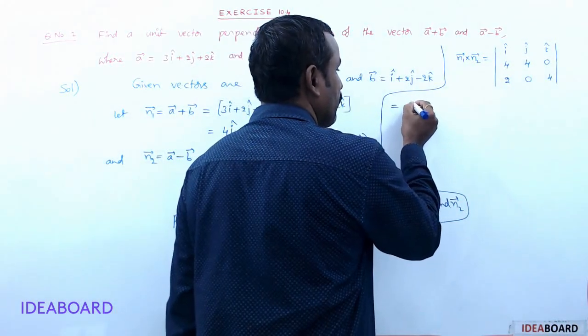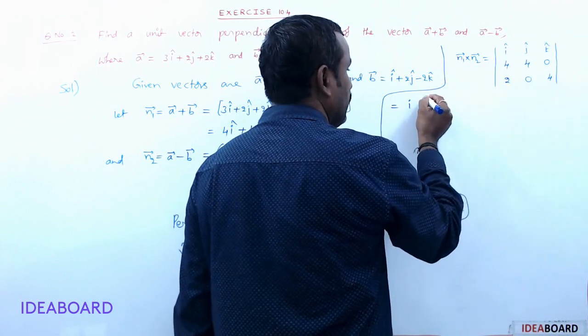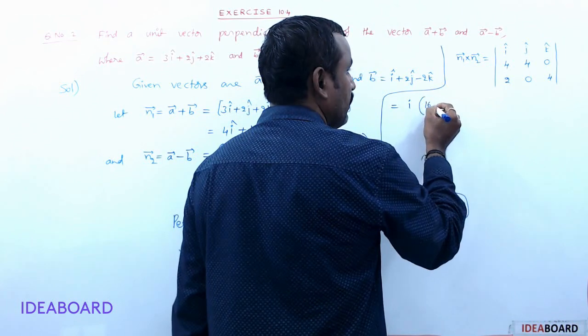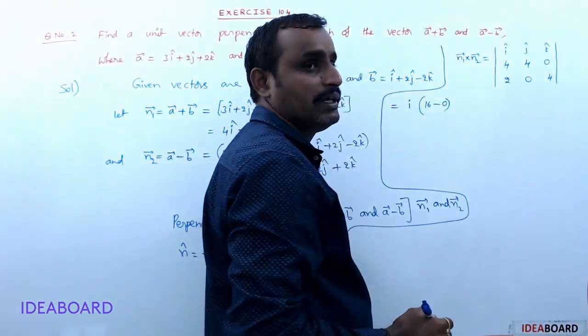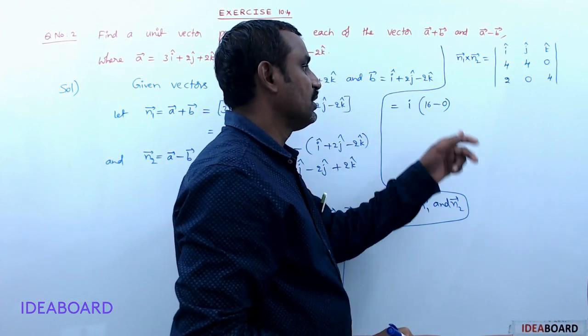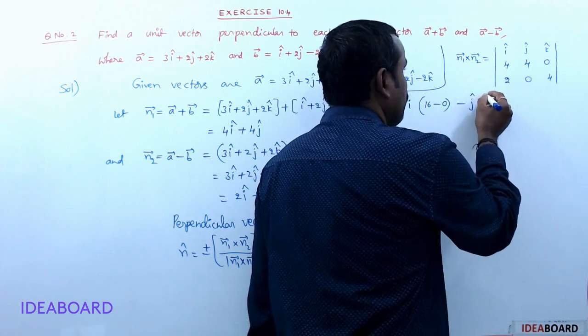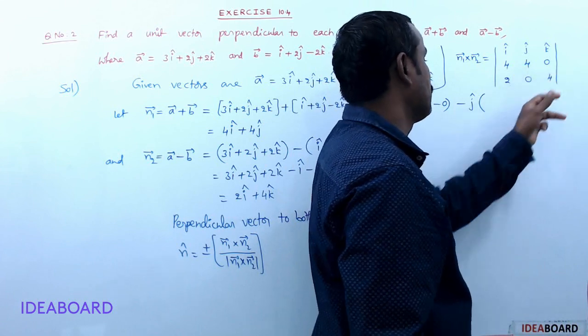For I, we delete the first row and first column. I am calculating the determinant of the remaining 4 elements directly, because I already showed in the previous question how to take the 4 elements after deleting the rows and columns. So J cap of 4 fours are 16 minus 0.